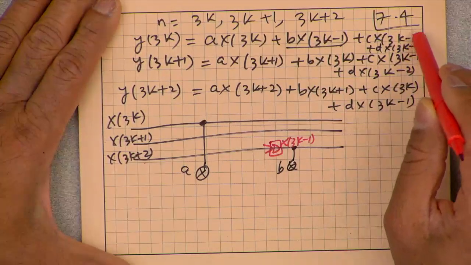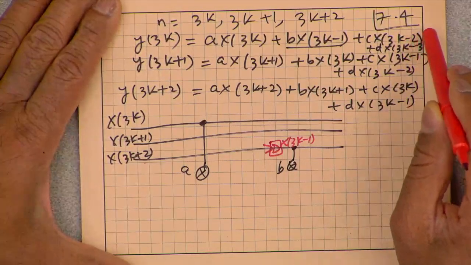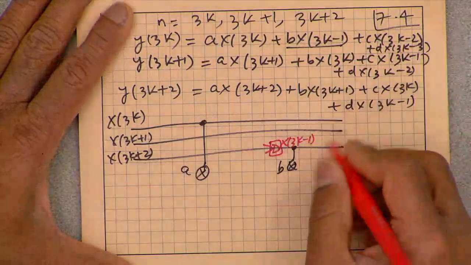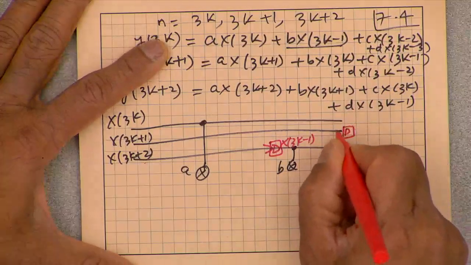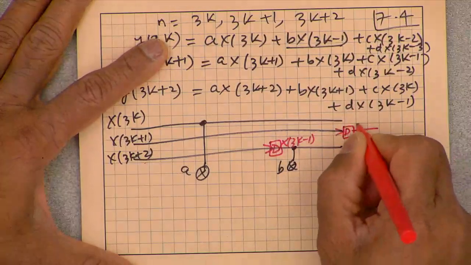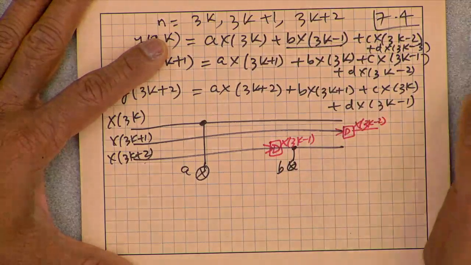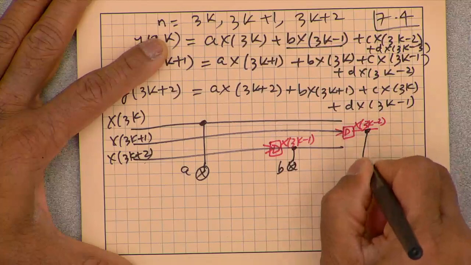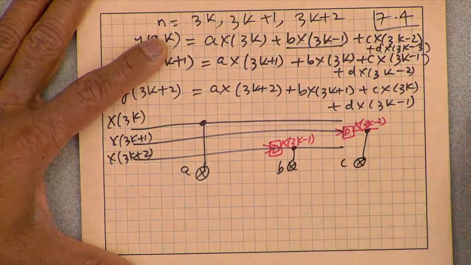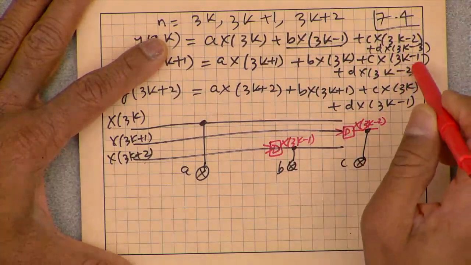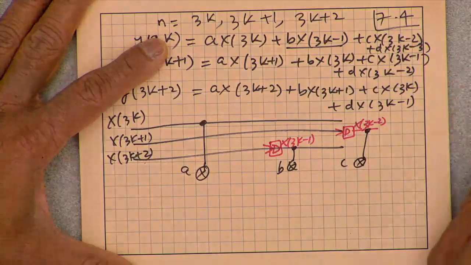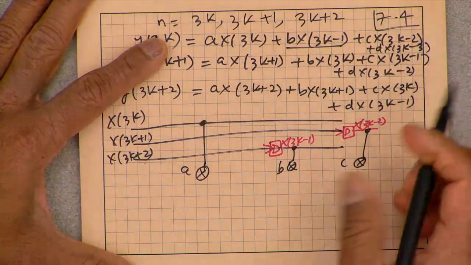And finally c times x 3k minus 2. Where can I get that? Well, if I add 3, minus 2 plus 3 is plus 1. And if I feed this to a delay, this is going to be 1 minus 3, minus 2. And so that times c, and finally d times x 3k minus 3. And if you add plus 3, that's 3k.